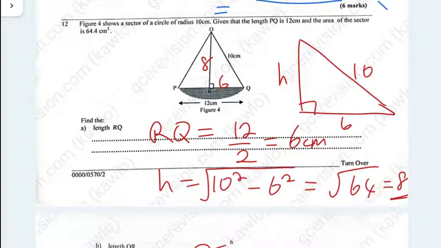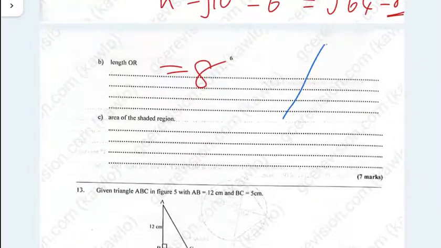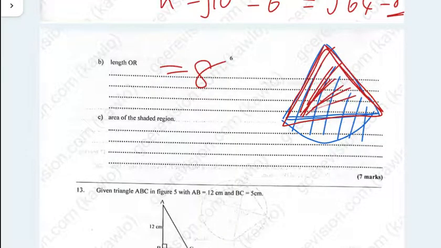So we are going to get the area of these two triangles, this one and this one. We sum them and subtract from the area of this sector. If you have the area of these two triangles, you can subtract from the area of this sector, and that gives us the area of this shaded portion.